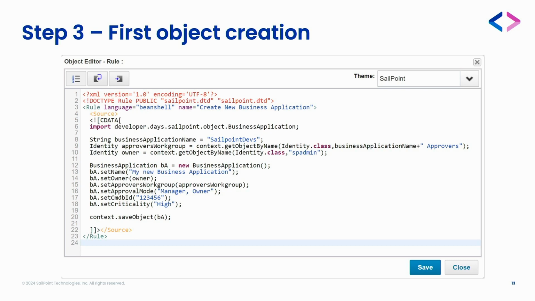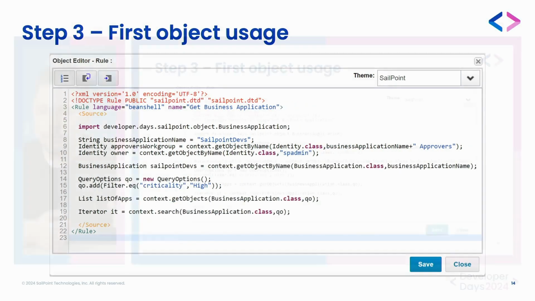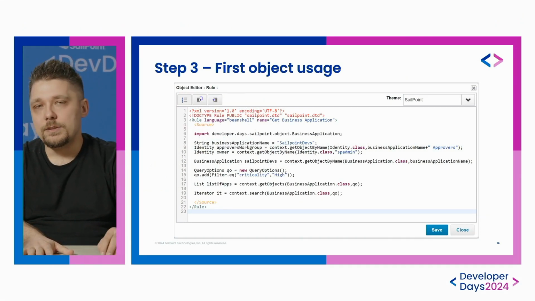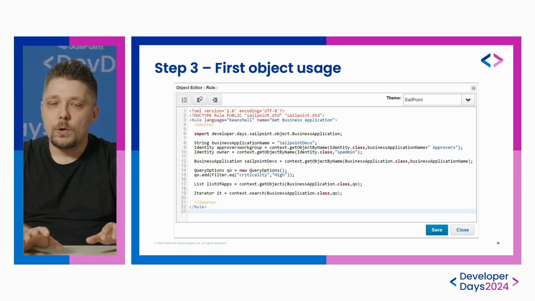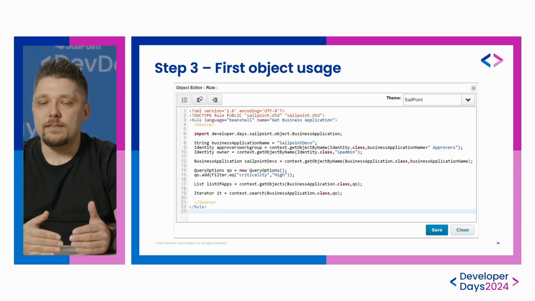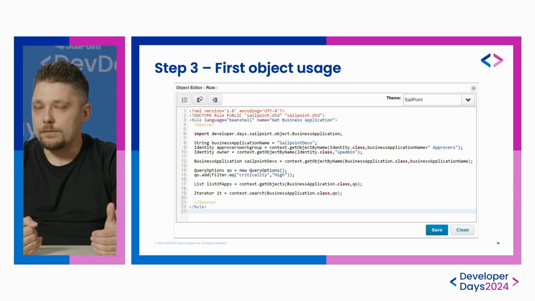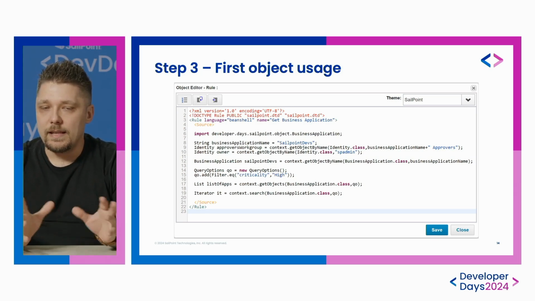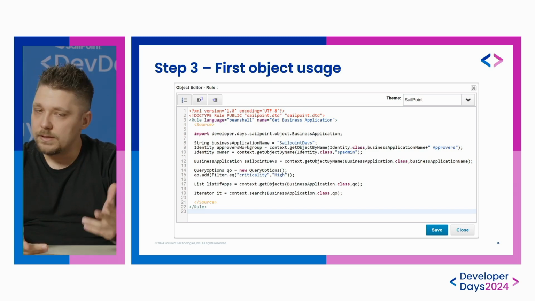That's the most useful thing you can do. You most probably ask why, right? So I will show you in the next step what you can do with that. As I told you, we are extending SailPoint object at the very beginning, which means that we can actually use all SailPoint native engines and mechanisms to get objects from the database. You can see that in line 8, we just defined the name of our business application, SailPoint devs.